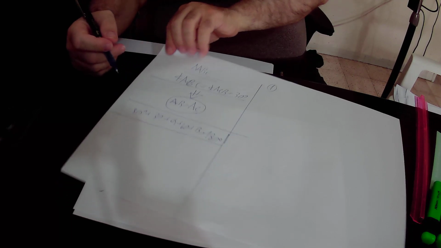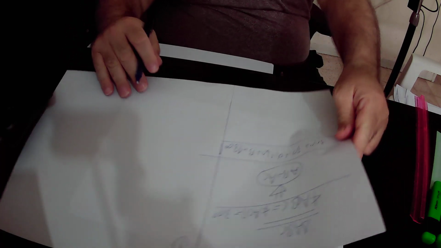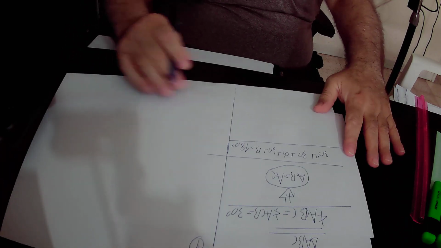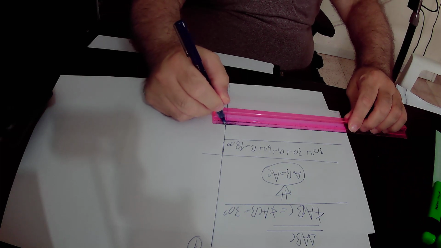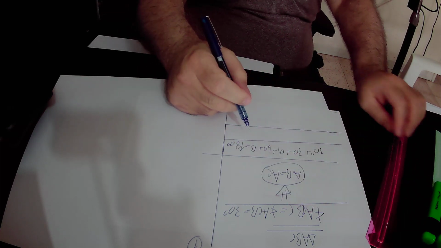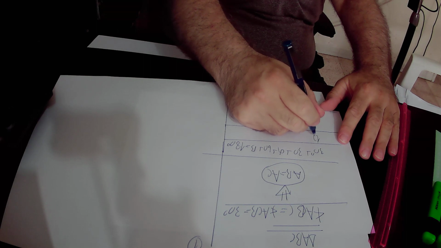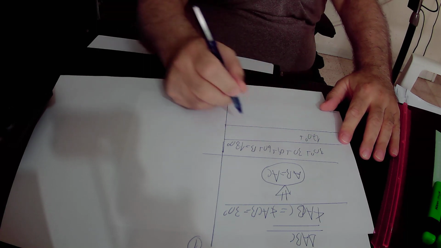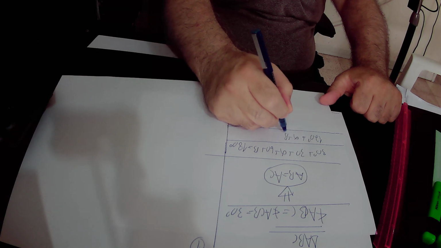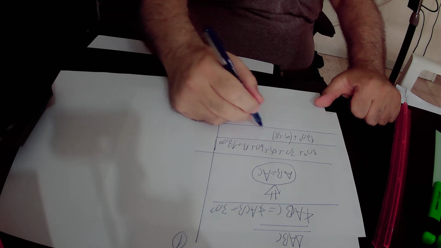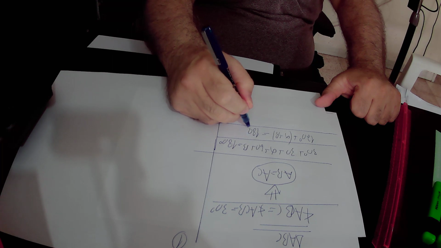So here we have 30 degrees plus 30 degrees is 60 degrees, and 60 degrees plus 60 degrees is 120 degrees, plus alpha plus beta. In total, they are equal to 180 degrees.